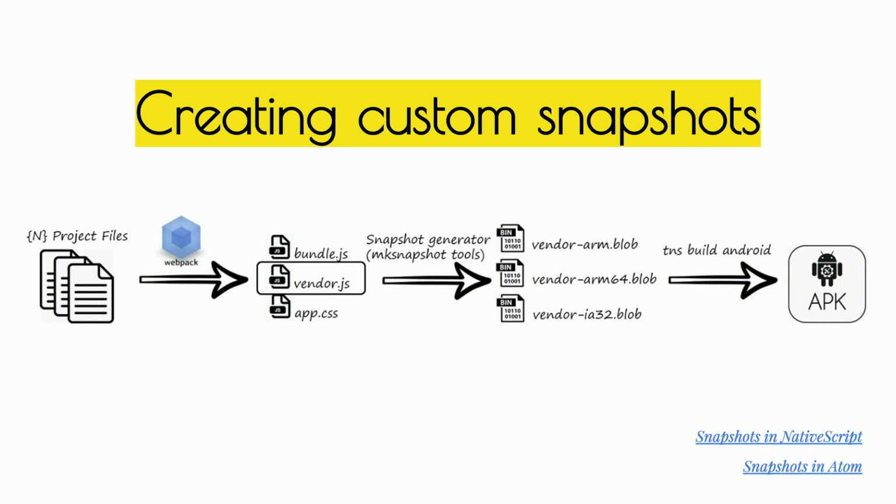V8 has some really nice functionality where we can create a snapshot of our JavaScript, and this happens at build time. When Webpack has produced our bundle and vendor.js files, we trigger V8's make snapshot tool. What it does is get the vendor JavaScript, load it, again at build time, and create a snapshot of its execution context.